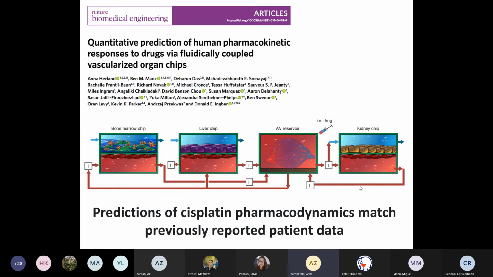The second system, it is a bit more simple, but the principle is the same. So again, vascularized organ chips for bone marrow, liver, kidney, and all of them are connected together. They have also shown that the cisplatin accumulation follows the pharmacodynamics that we know so far from patient data.